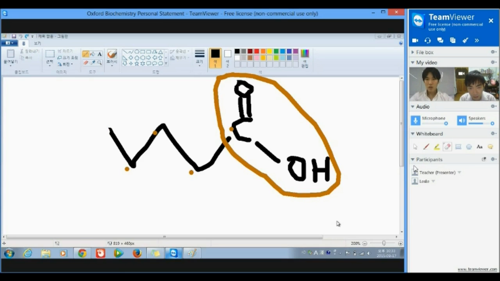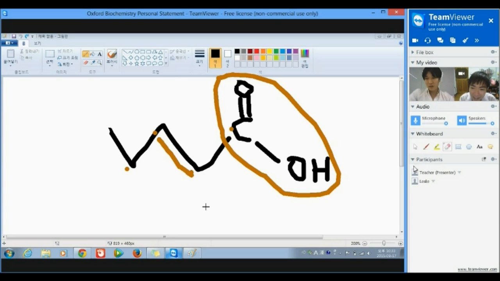I'm going to introduce a double bond here. Now it's still a carboxylic acid. However, it now has a double bond. And we're going to explore how this might affect the physical properties of these two different carboxylic acids.